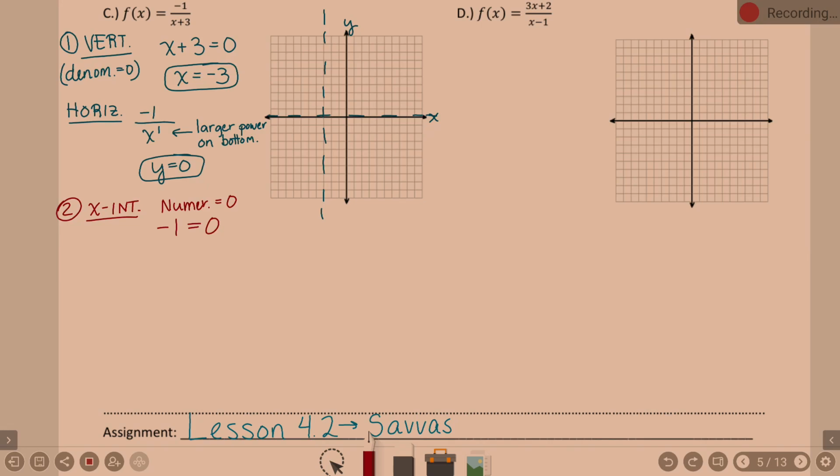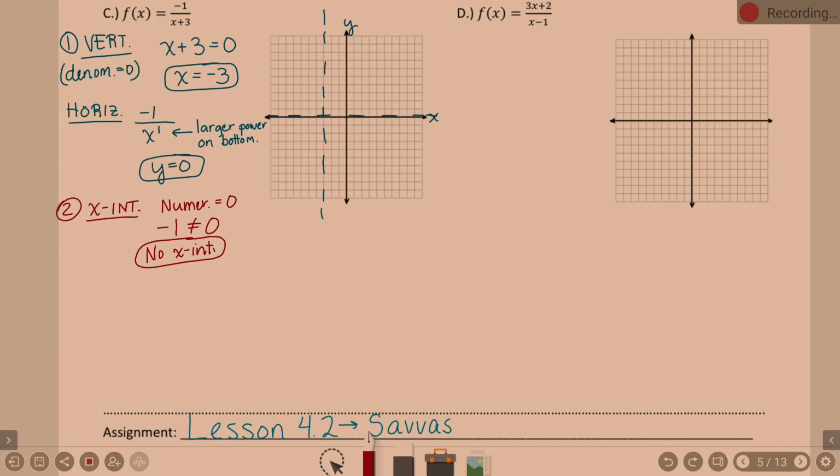Where's my variable? There isn't one. Does negative 1 equal 0? No. So what this is saying is that there is no x-intercept. It's like a hole or something. No, it's just saying my graph will never touch the x-axis. It'll never cross the x-axis, which is reasonable because what is my x-axis acting as? A horizontal asymptote, yes? So if you think about it, it's supposed to run alongside that horizontal asymptote. It's not going to touch it. So no x-intercept makes sense.